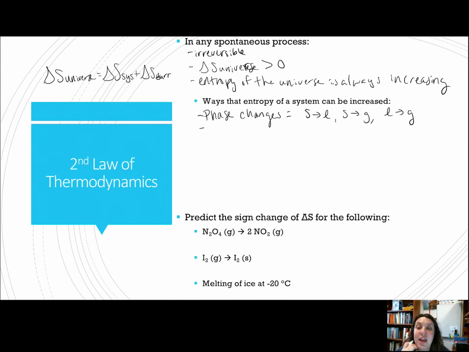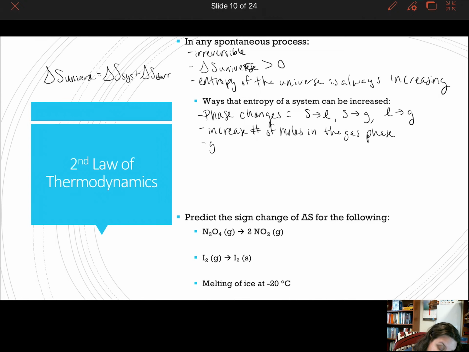We can increase the number of moles in the gas phase. And we can also mix components of molecules. So we can take two elemental form things, combine them to produce a compound.